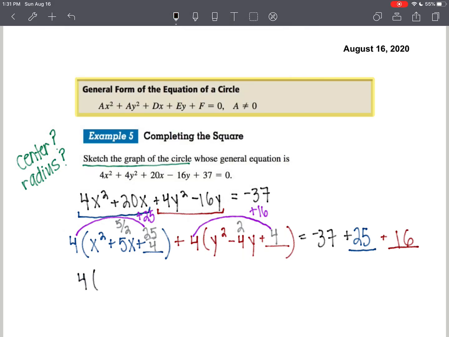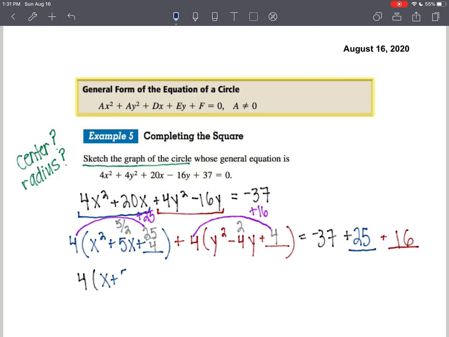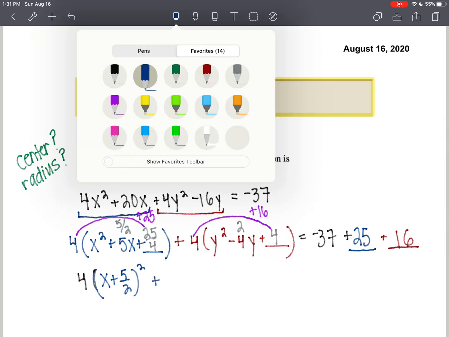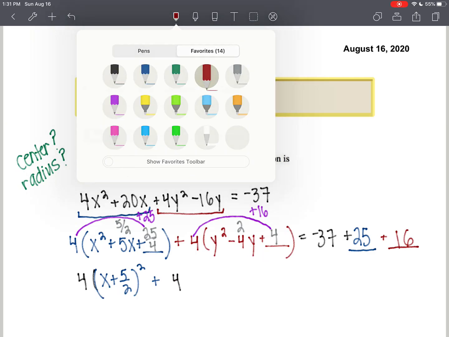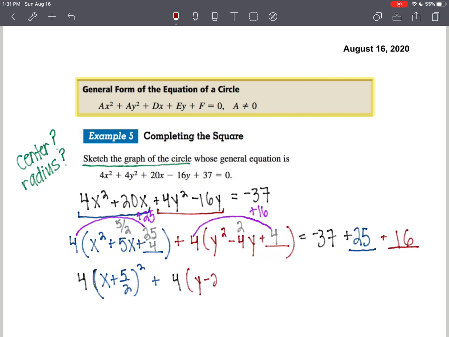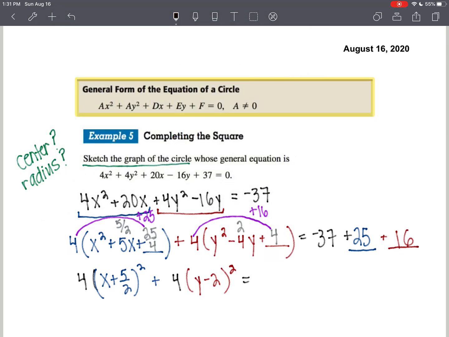So we have 4 times the quantity x plus 5 halves squared, plus 4 times the quantity y minus 2 quantity squared, equals, I believe we've got 4.